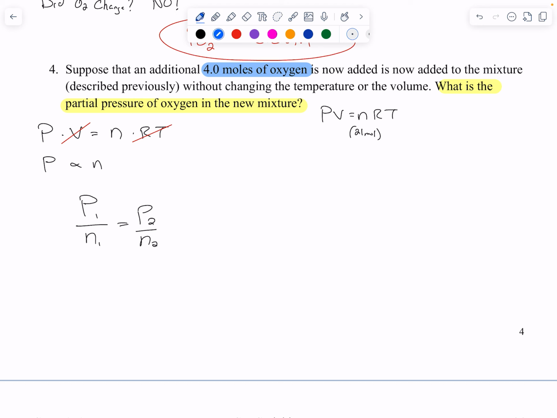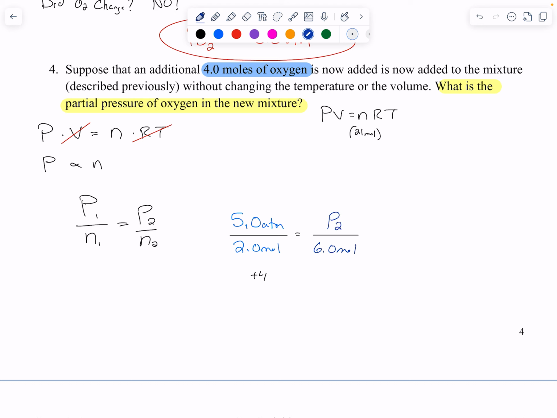We know that the first pressure of oxygen was 5.0 atmospheres at 2.0 moles. Now we're adding 4, so the new moles is 6.0 moles. What is P2?